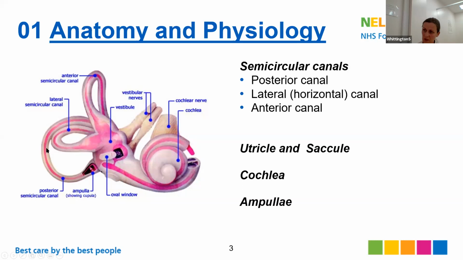And what happens then, this fluid, like we said earlier on, the fluid in these canals, as we move about, they bend this little sensory organ, and that then stimulates the vestibular nerve for sending this information to the brain. So what happens with BPPV, these particles or otoconia, they usually end up sitting in this canal here, purely because of its location, because it's the most dependent canal of the three that we have.